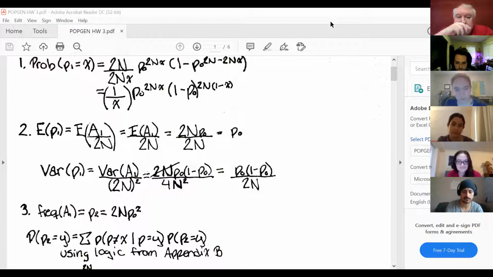And so this is the intuition, right? When we're binomial sampling, when we're looking at the counts, the expected count next generation is going to equal the current count. Therefore, the expected frequency next generation is going to be the current frequency.